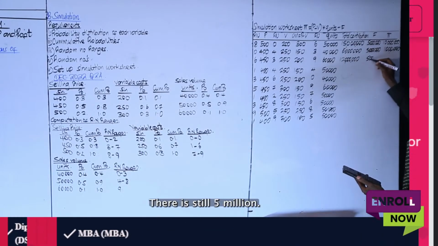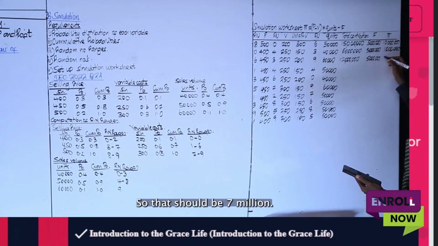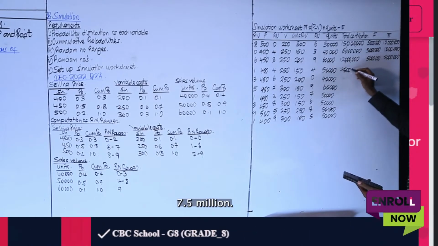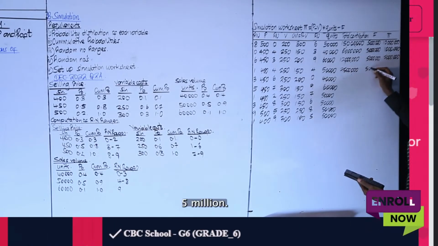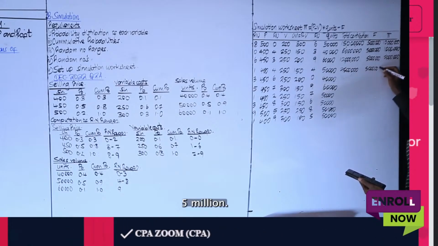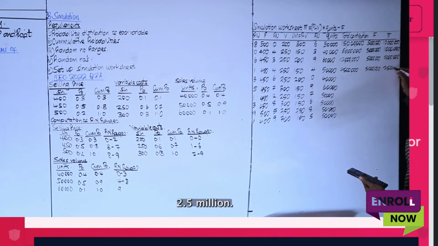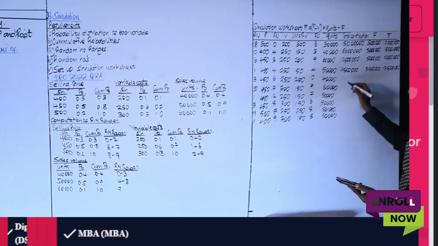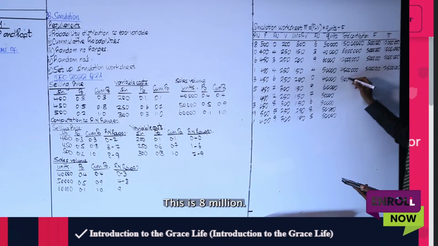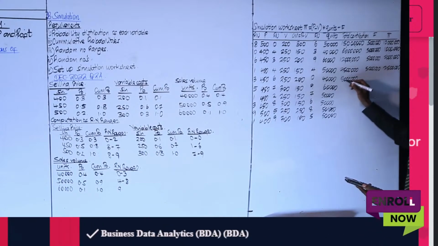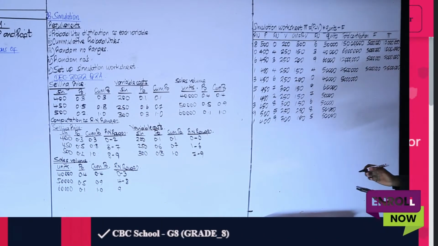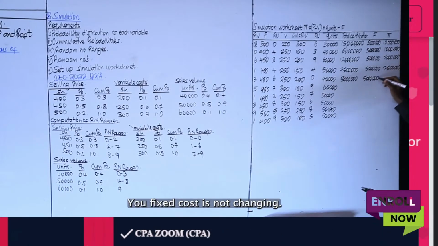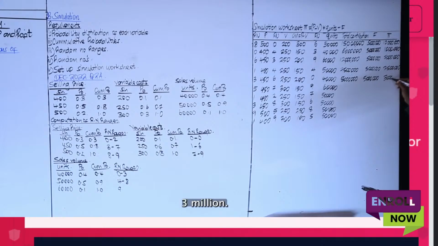That is still 5 million, so that should be 7 million. Then 7.5 million less 5 million is 2.5 million. This is 8 million, less 5 million, if fixed cost is not changing, is 3 million.